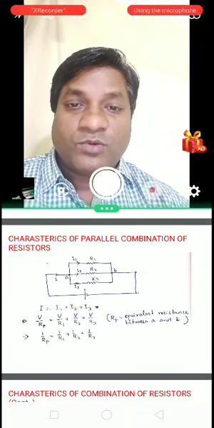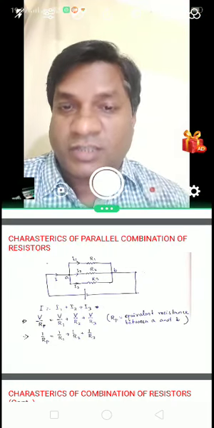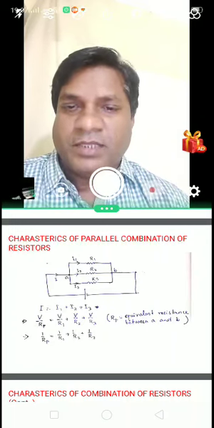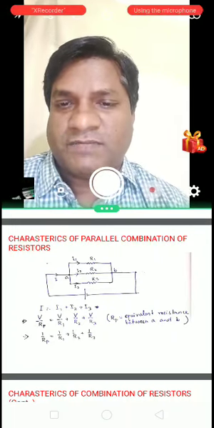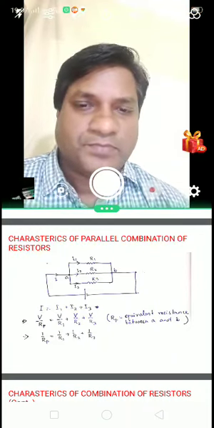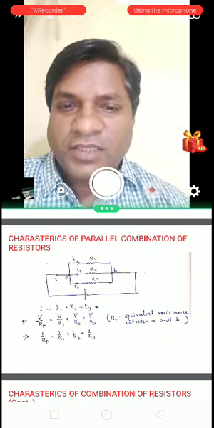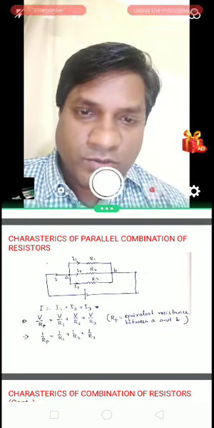So if the total resistance of the parallel combination of all the three resistors is represented as Rp, then total current is equal to total potential difference, that is V divided by Rp. Now this is equal to V by R1 plus V by R2 plus V by R3. Why is it so?